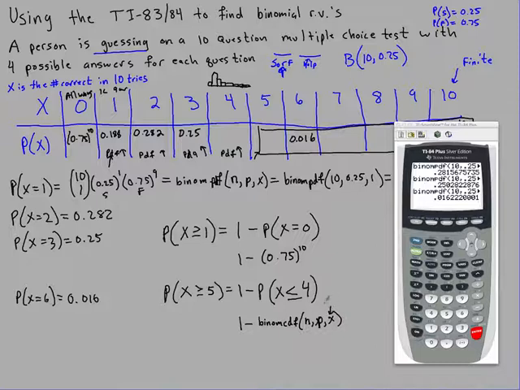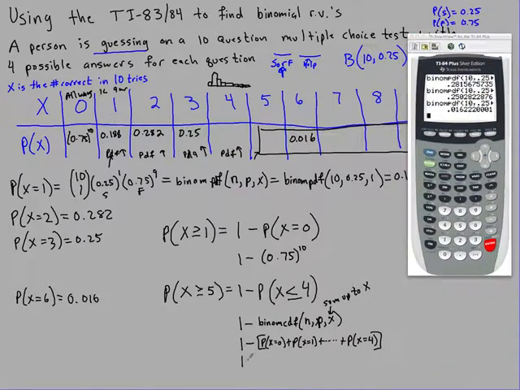And if you do CDF, this is going to sum up to x. So technically, this is finding 1 minus the probability that x equals 0 plus the probability that x equals 1. It just sums them all the way up to the probability that x equals 4.